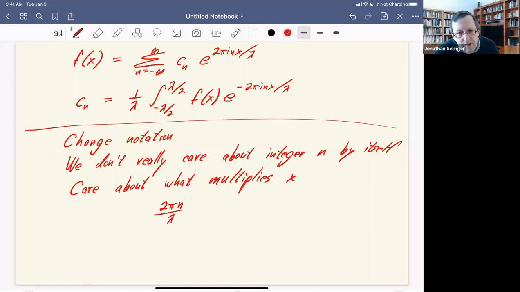So we could say n isn't really that important. What I really care about is this combination of things, 2 pi n over lambda. I'll give that combination a name. Let's let k be that combination.